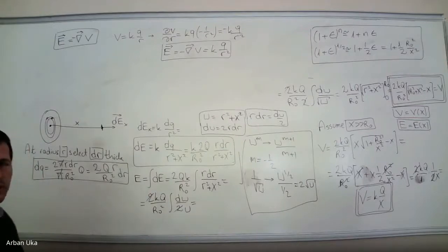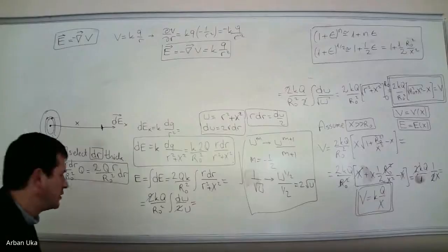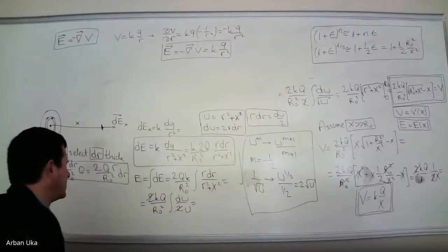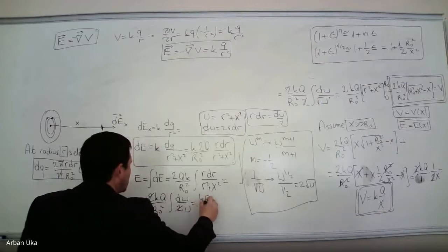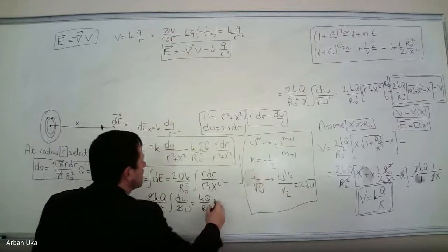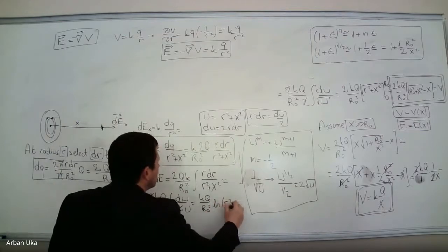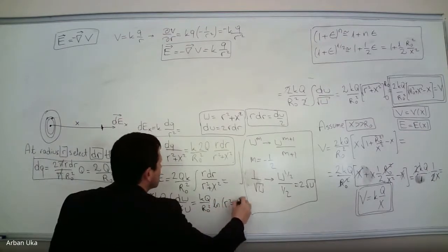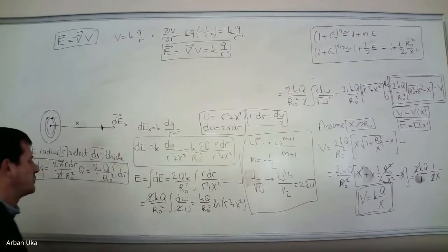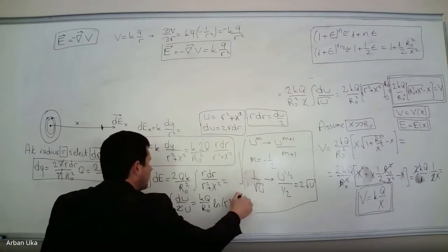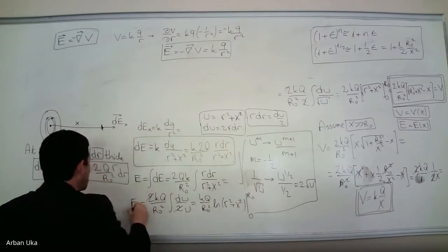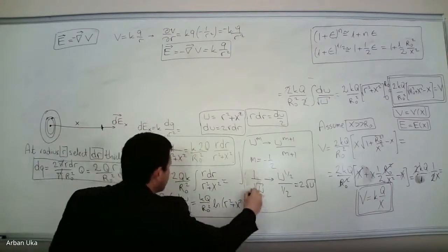What is the integral of 1 over u? ln u. ln u, that is correct. Here we'll have kq over r0 squared, ln u, and u is r squared plus x squared. But we have to integrate from 0 to r0. So this is the electric field.